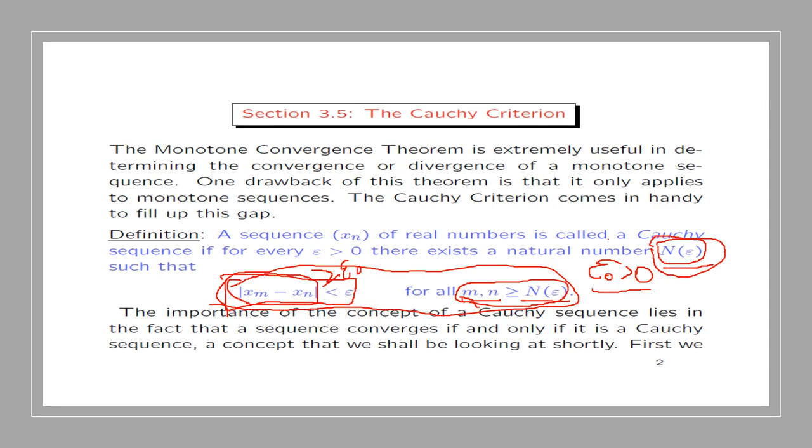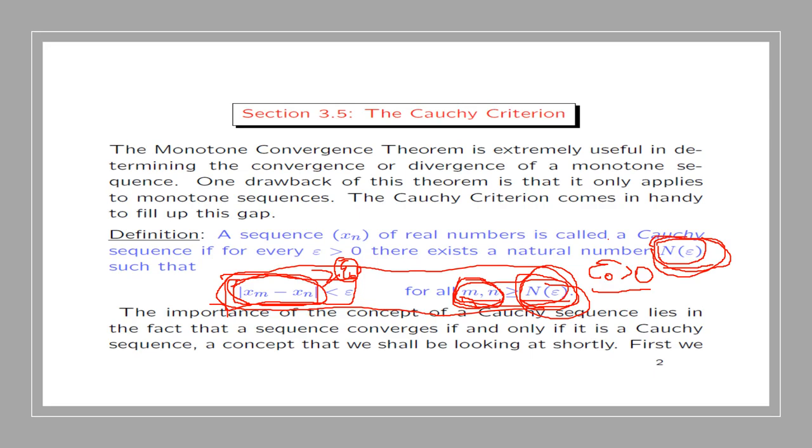So for every natural number capital N that you pick, you will get two natural numbers small m and small n bigger than that natural number, such that the distance between xm and xn will be bigger or equal to epsilon 0.